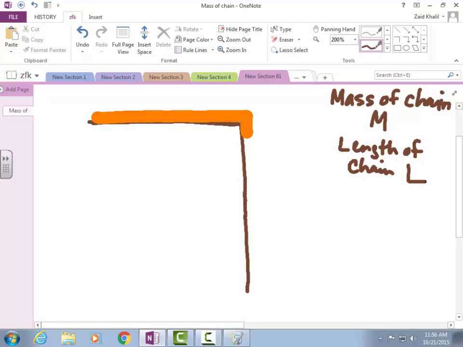Nothing, all right? We know nothing's going to happen if nothing's hanging over. So we hang over a little bit. What's that little bit that we hang over? How about X? Or maybe, since it's in the vertical direction, let's call it Y. So that means how much is on the table? That's L minus Y.